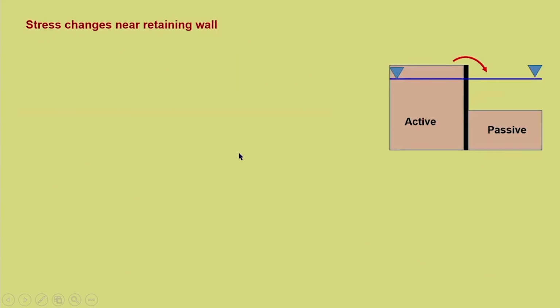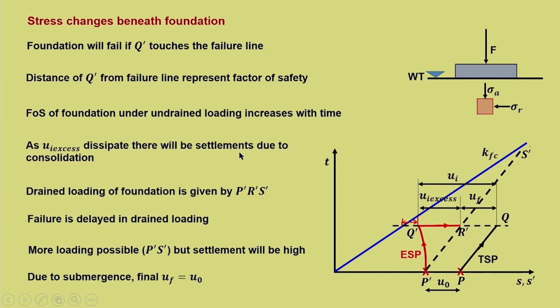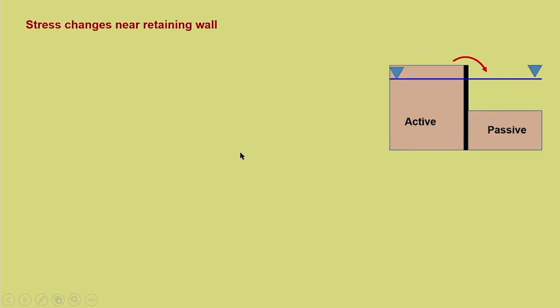If it is not a submerged condition, then the final pore water pressure is not necessarily equal to U naught. It can even be less than that, and that is generally governed by the manner in which the pore water pressure got dissipated and how it seeped out. So, that is all about the stress variations that happen beneath a foundation.